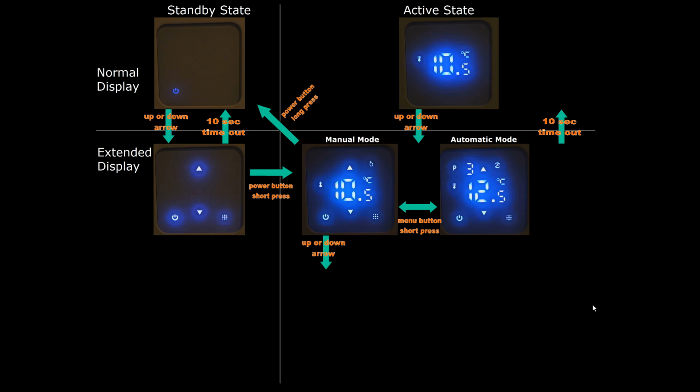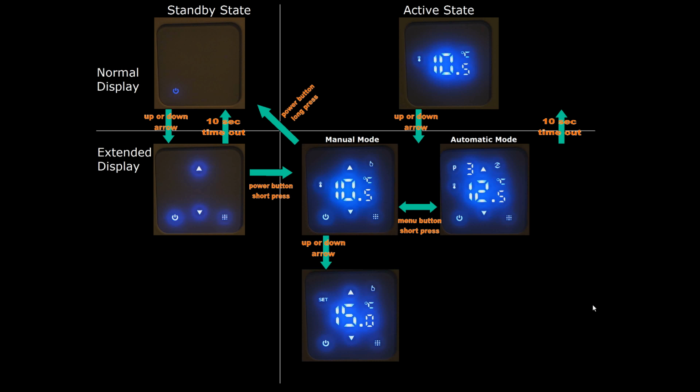If we press the up or down arrow button when the display is in the extended mode and we're in the active state, then the thermometer icon right here will change into the word set, which means that the main numeric display is no longer displaying the current room temperature, but it's displaying the target temperature set by the thermostat, and we can change that target temperature by pressing the up and down arrow buttons.